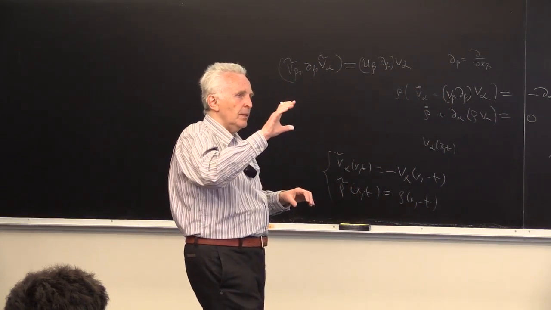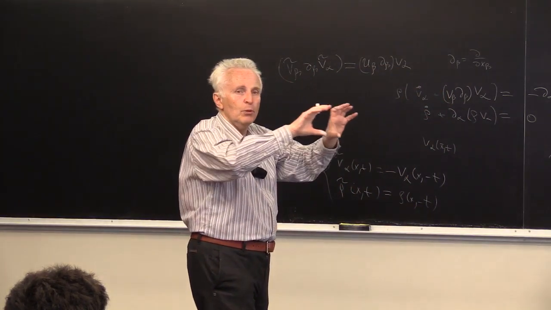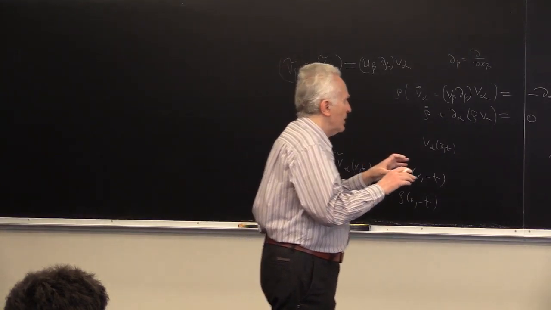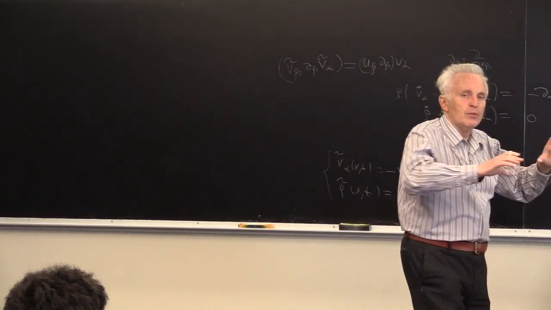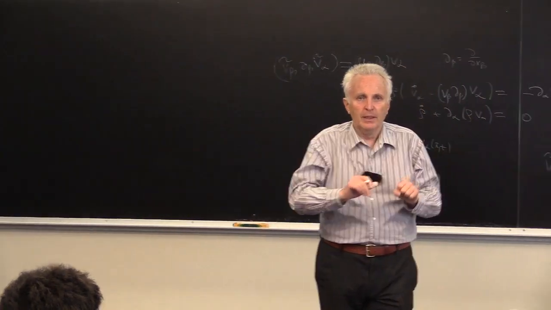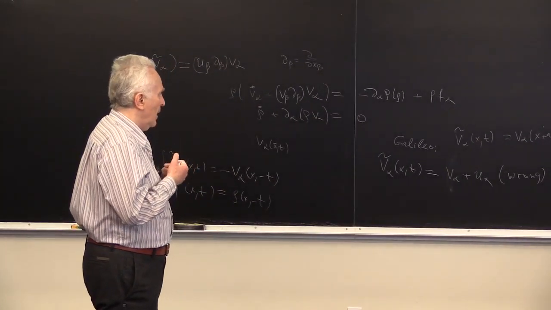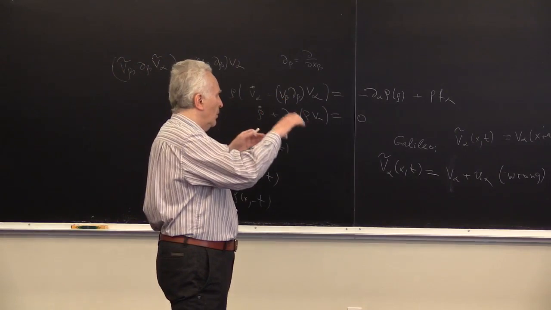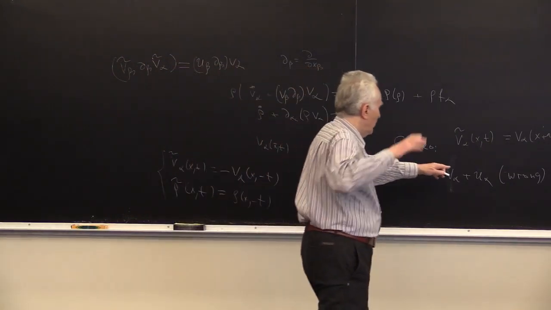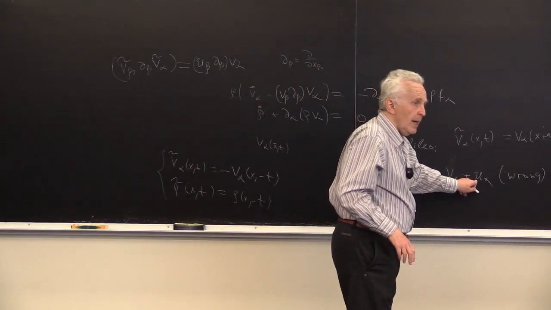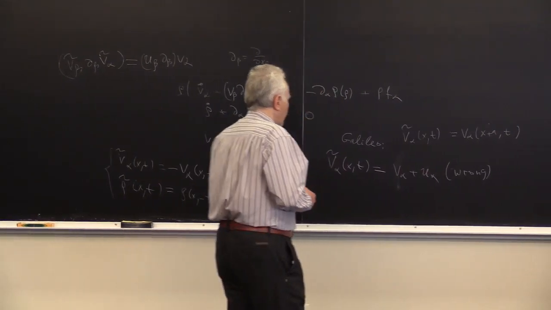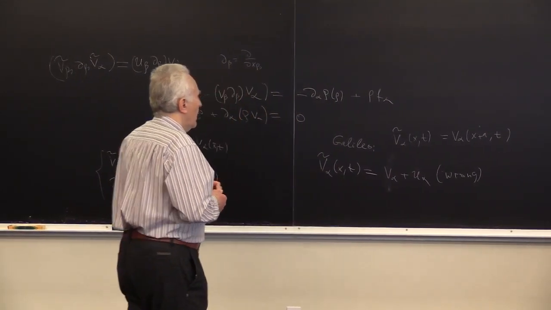Think of really what happens in the frame which moves. Galilean transformation is moving the frame with constant velocity. Now, just visualize what happens. Indeed, when you go to the passing, moving frame, you do add this thing.